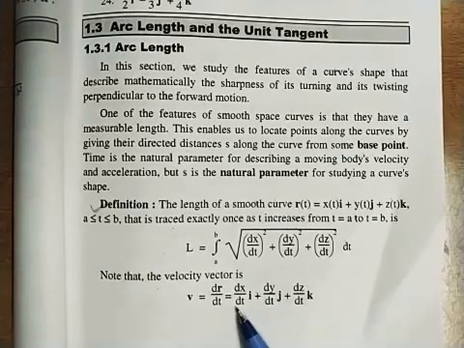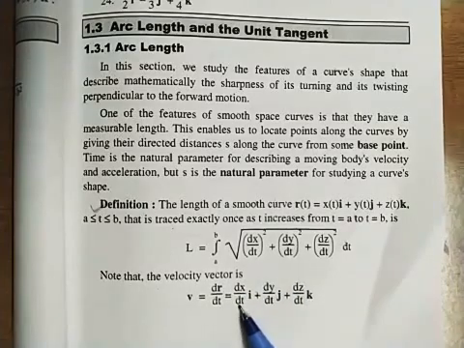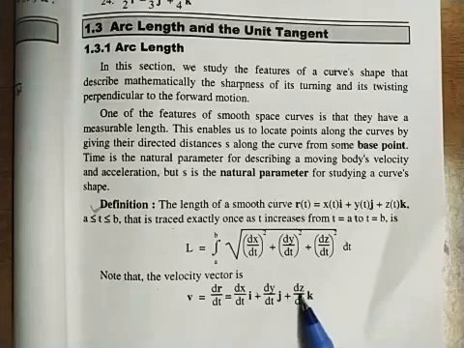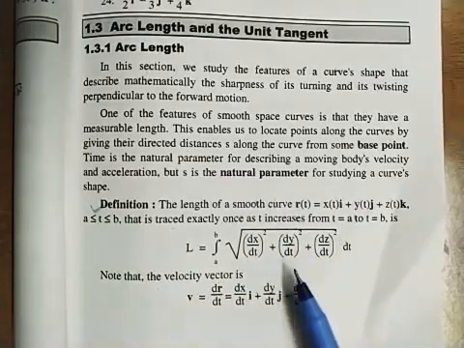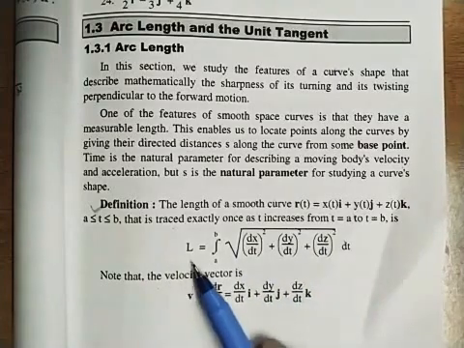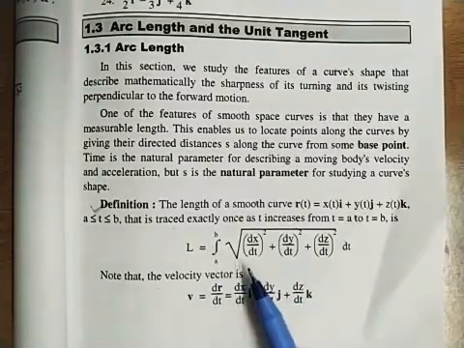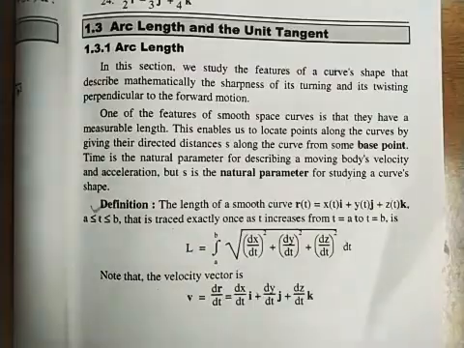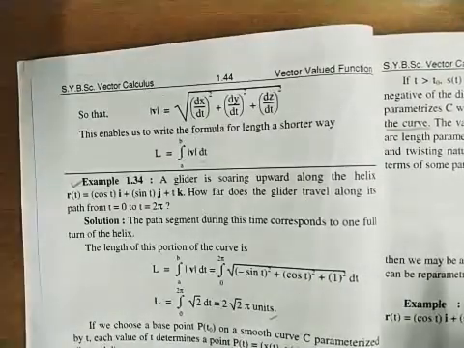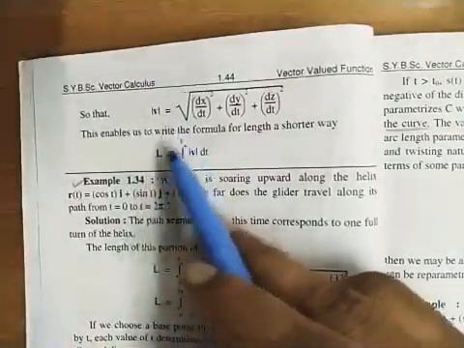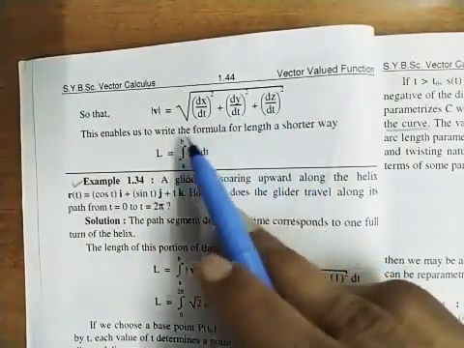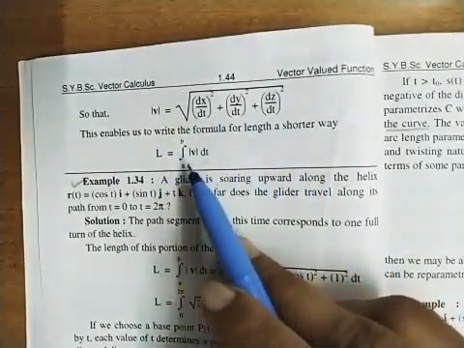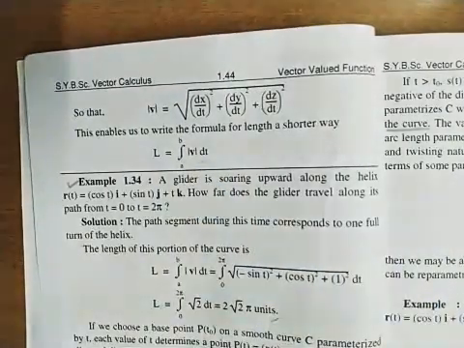The magnitude of v will be the square root of (dx/dt)² + (dy/dt)² + (dz/dt)². Okay, so in place of this square root we can replace |v|. So the length can be expressed as the integration from a to b of |v| dt.